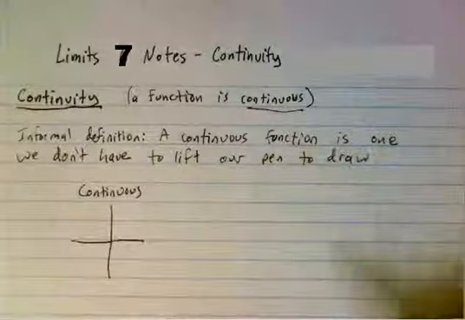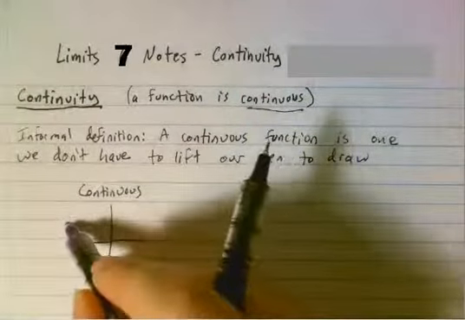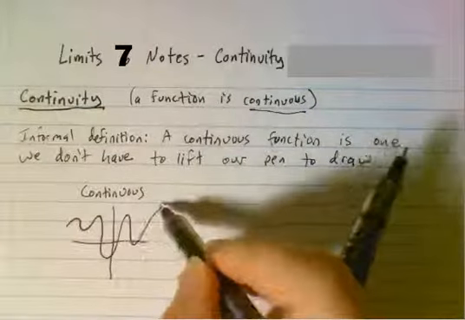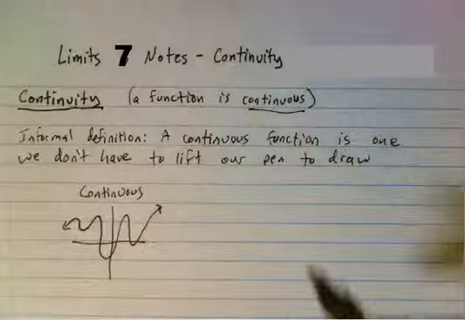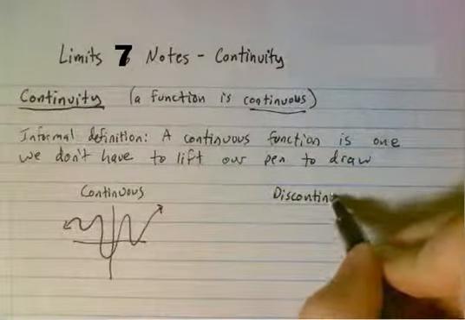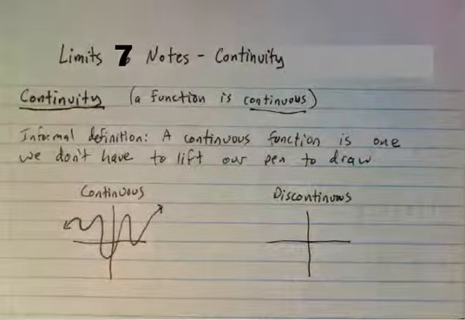if I have my little axes here, if I'm going to draw a continuous function, I can just start here, I can squiggle around wherever I want, but I never have to lift my pen until I go off the edge of the graph. In contrast, a discontinuous function would be one like this.